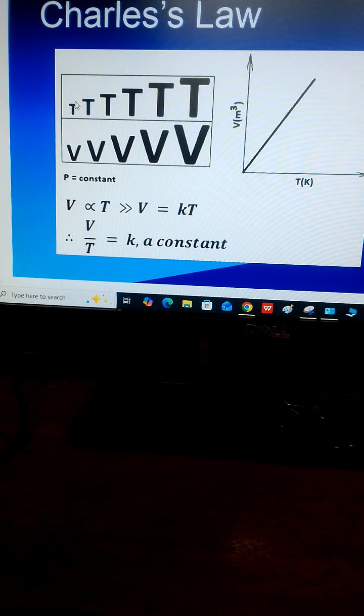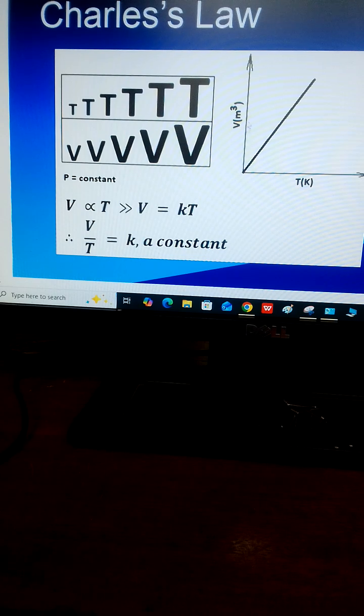When one variable decreases, the other variable also decreases. So this is how we write it. Volume is directly proportional to its temperature, the absolute temperature, not Celsius but absolute in kelvins, implying that the volume is equal to a constant times temperature, pressure remaining constant. We can show this graphically.